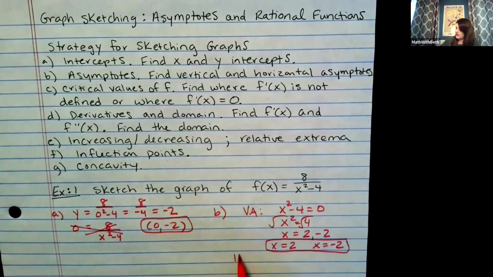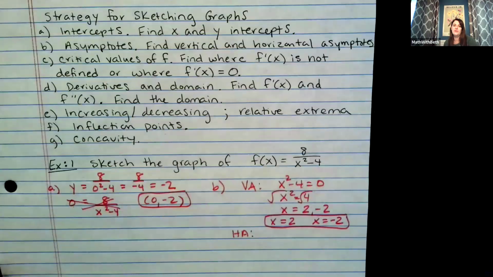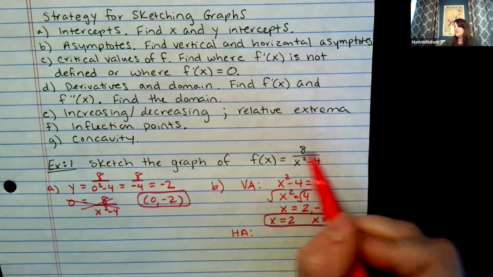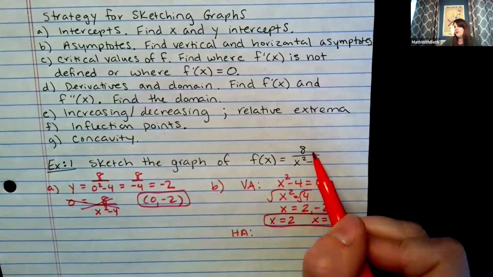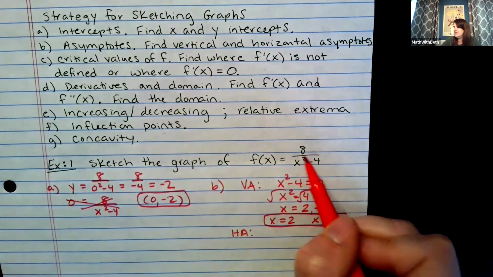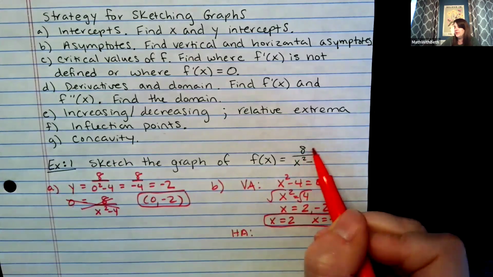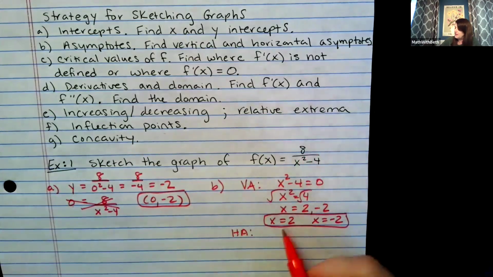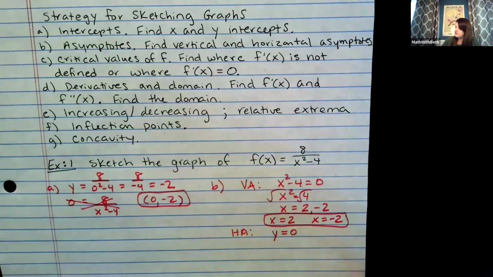And for horizontal asymptotes, we need the rules that have to do with, is the degree higher on the top of the fraction or the bottom of the fraction, or are they the same? If it was bigger on top, which it is not, there would be no horizontal asymptote. If it is bigger on the bottom, which this is, because there's an x squared on the bottom, but no x's on top, then your horizontal asymptote is always y equals 0.